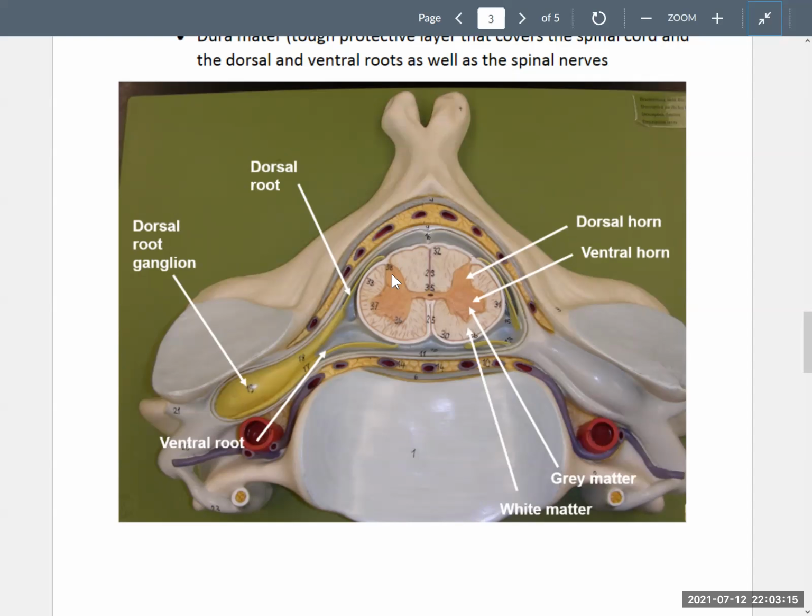The darker material here is gray matter. The lighter material is white matter. Things move a little bit more slowly in gray matter because it seems to do things that are more thoughtful, even in the spinal cord. In the white matter, stimuli tend to move faster, about twice as fast. Okay.